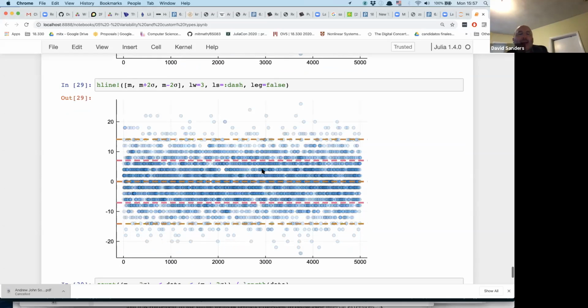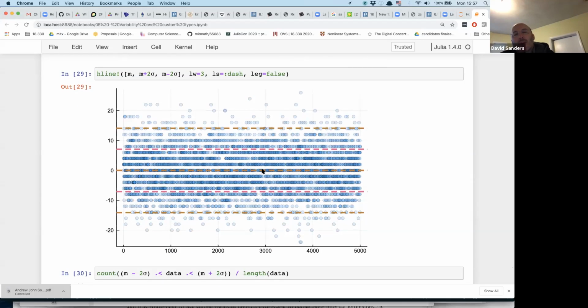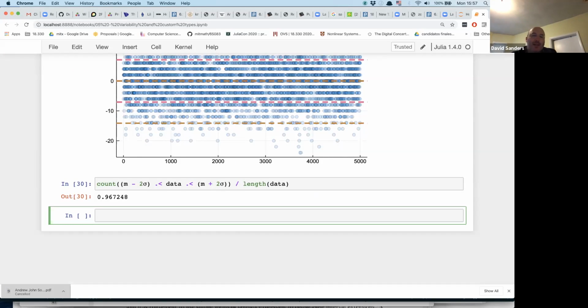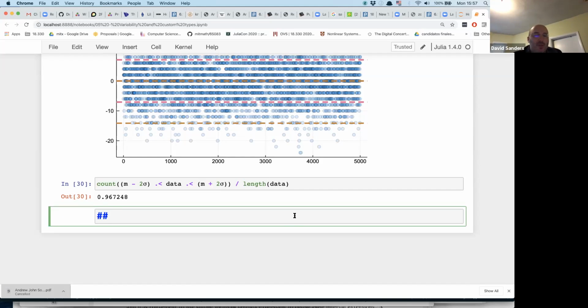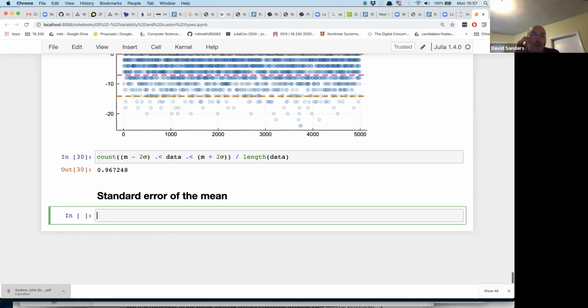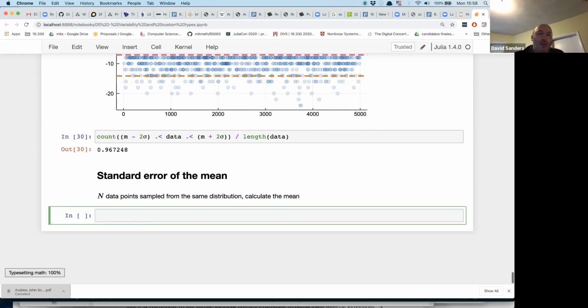Okay, so that's how we can think about and visualize the width of a distribution. And then I should come back to the standard error of the mean. So what is that? If I have n data points and I calculate the mean, with the n data points sampled from the same distribution, then what should I expect?